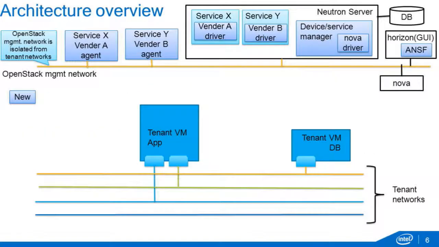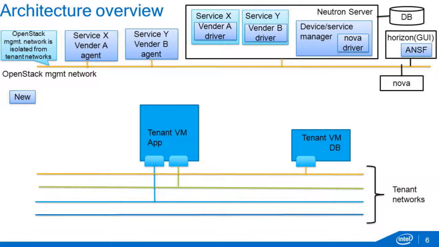Okay, let's have a look at how this framework works. Suppose cloud user wants to deploy their web applications. There is an application server that runs in a dedicated VM, and also he has database servers in a VM.